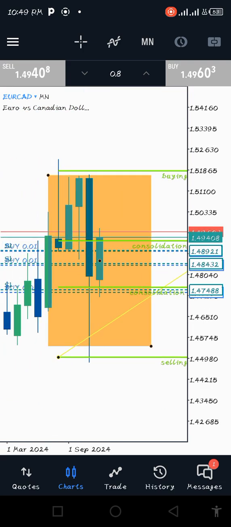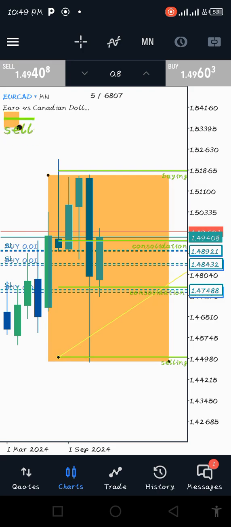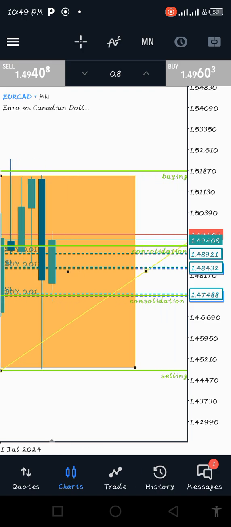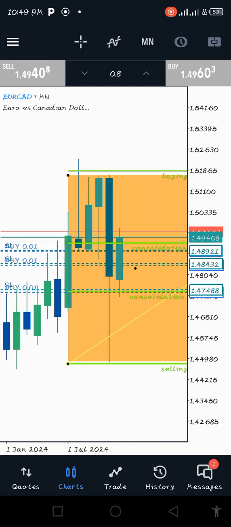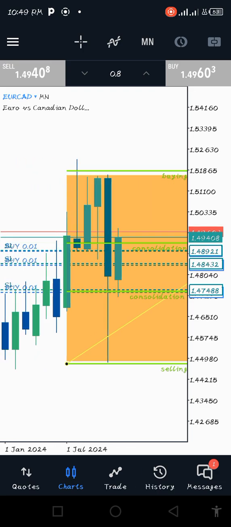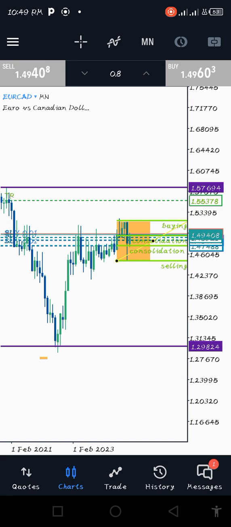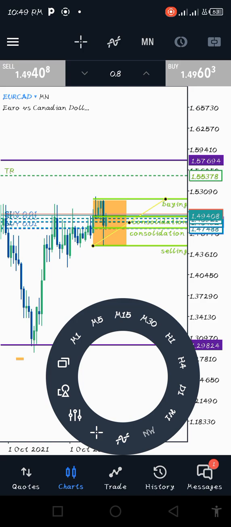If I can zoom on that pair, price is leaving the consolidation part and entering the buying part of that range. So if at all we are considering opportunities on EuroCAD, we can consider buying opportunities.